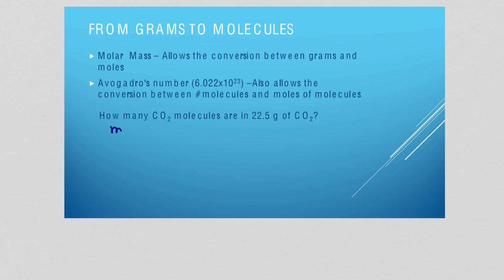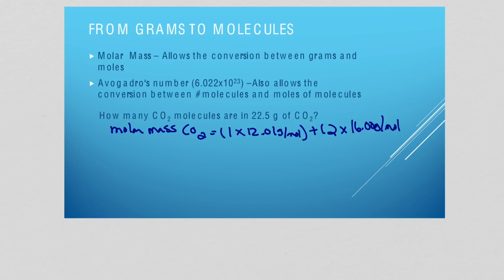So the molar mass of CO2 equals 1 carbon, so 1 times 12.01 grams per mole, plus 2 times 16.00 grams per mole, gives me 44.01 grams per mole for carbon dioxide.